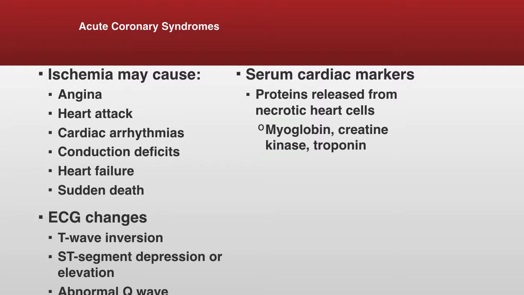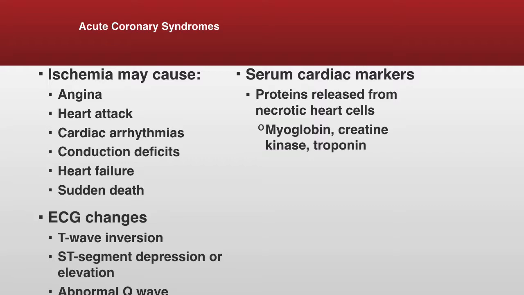Troponin begins to rise within 3 hours after the onset of an MI, and it remains elevated for 7 to 10 days afterwards. So it stays with this person for a long time. The CK, or creatinine kinase, is an intracellular enzyme that's found in the muscle cells. CKMB is highly specific for an injury to cardiac muscle.